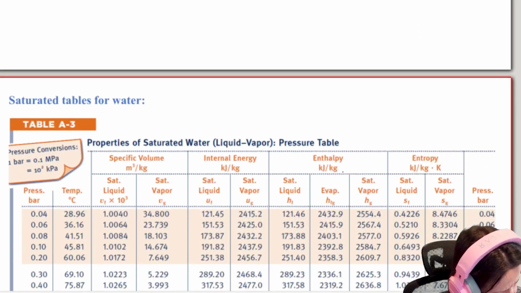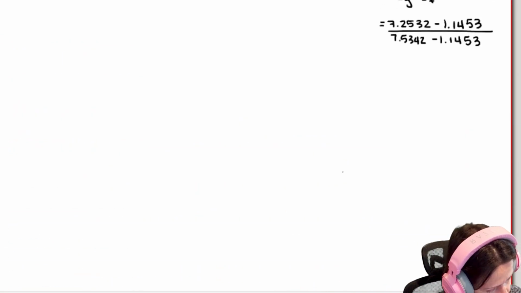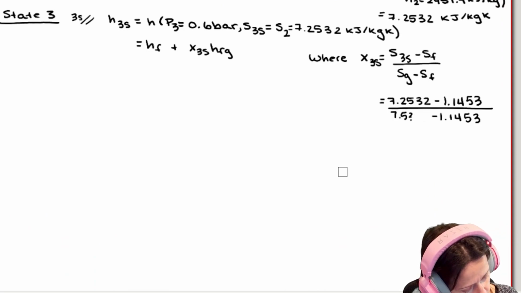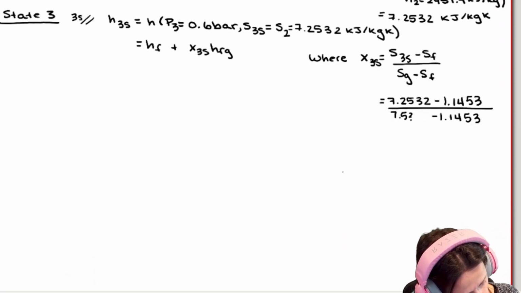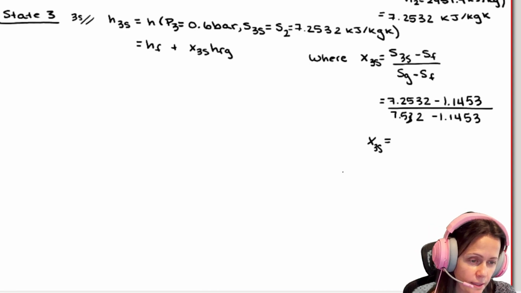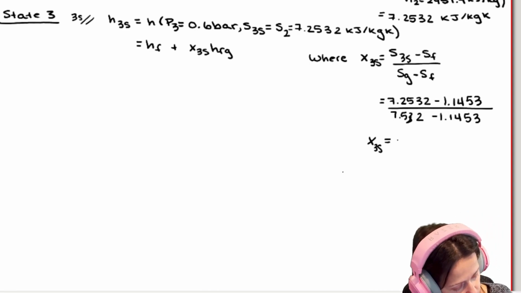So for your quality at the end of that isentropic process, I've got 0.9563.